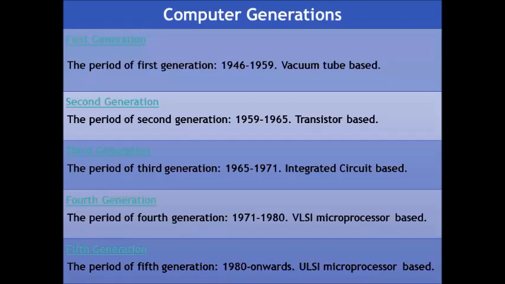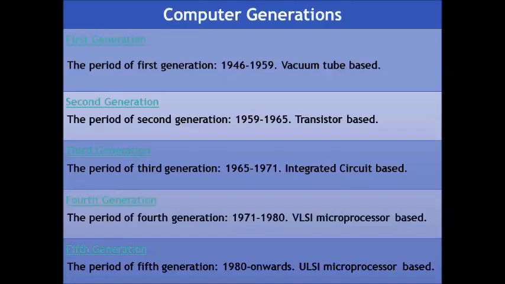The first generation computers are the computers which got developed during the time period 1946 to 1959. The main processing component of the computer was built by using vacuum tubes. The second generation computer, the time period was 1959 to 1965, and the main processing component was transistor.